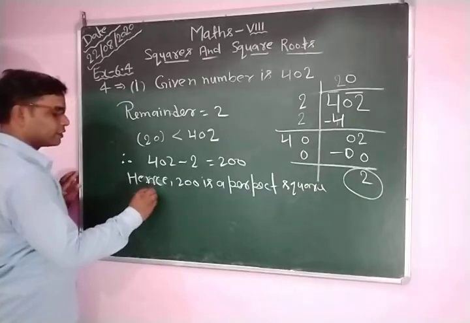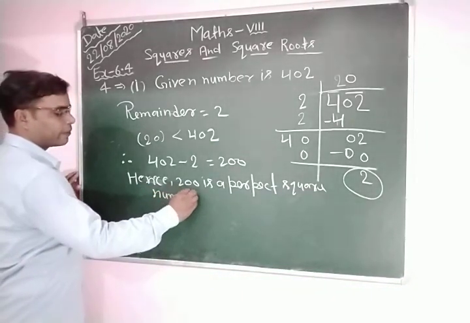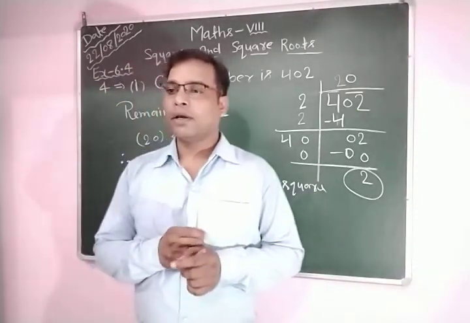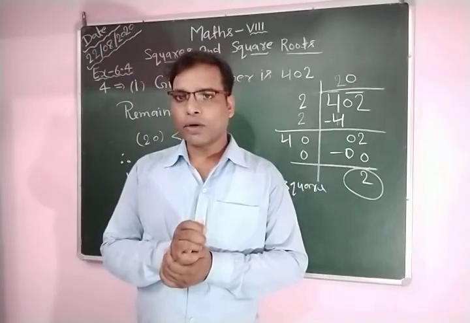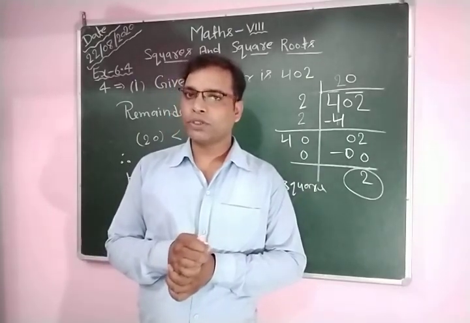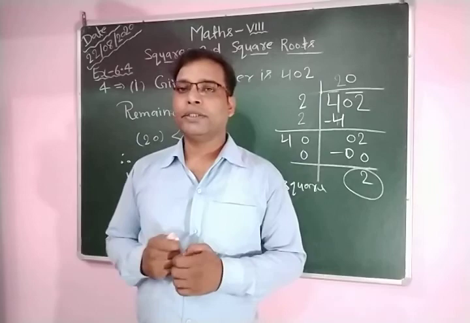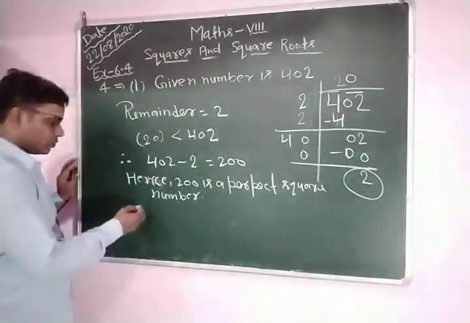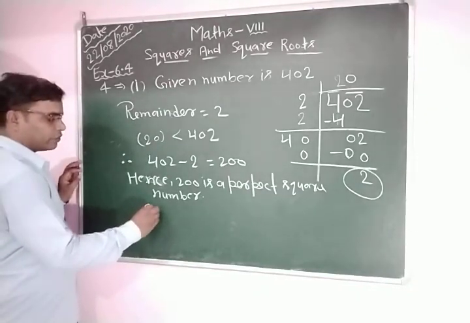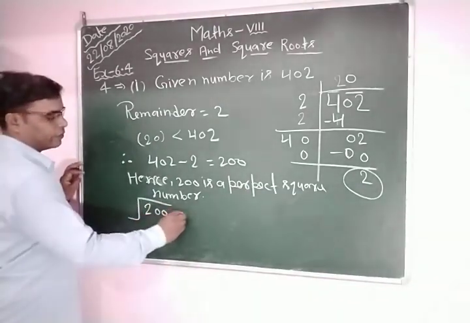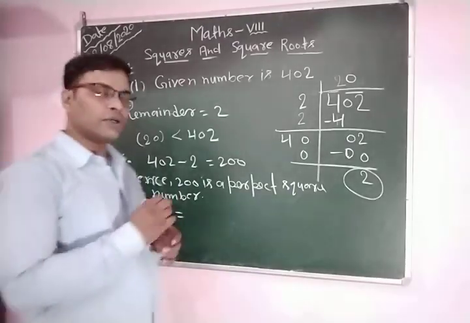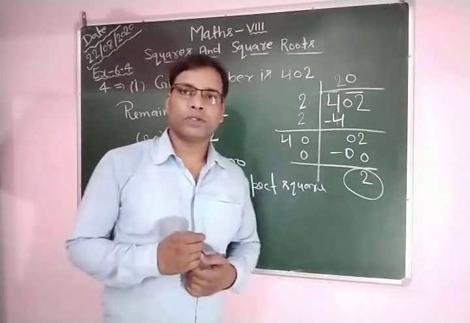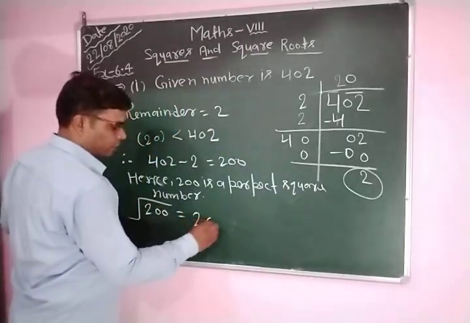Now the question asks for the square root of the perfect square number so obtained. So we find the square root of this perfect number and write the square root of 400. What is the square root of 400? The square root of 400 is 20.